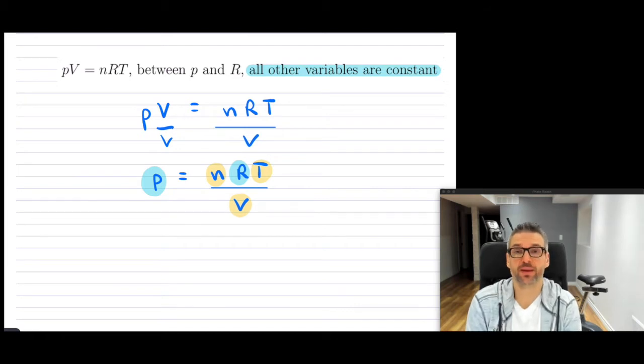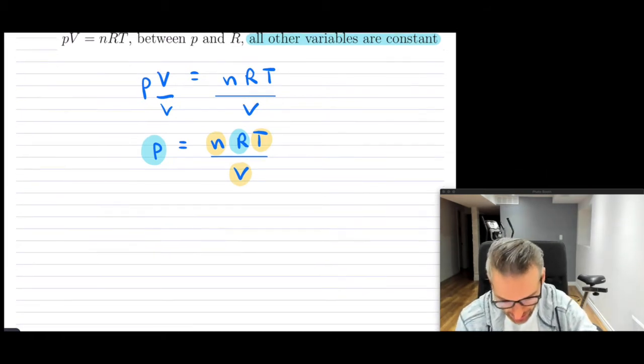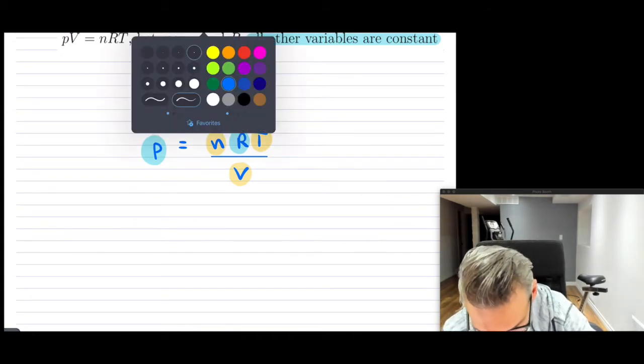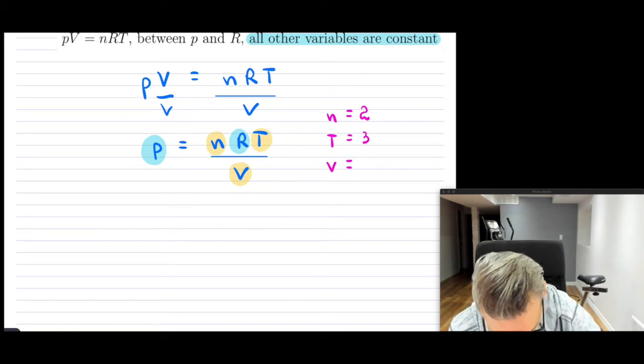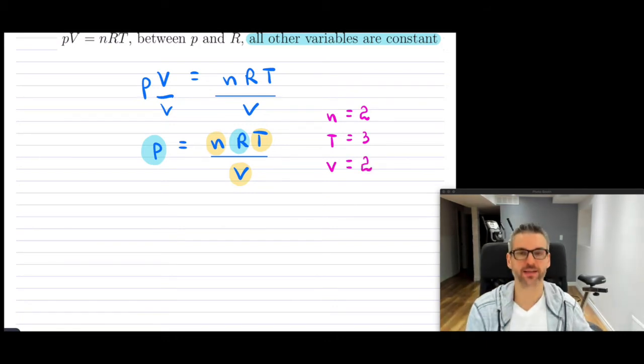Let me give you an example, because for anyone starting, this might help you initially. So because they're constant, let's just imagine, and you can pick some arbitrary number. I'm going to say n is equal to 2, T is equal to, let's say 3, and then V is equal to also 2, just for convenience. So they're constant, meaning they're not changing.